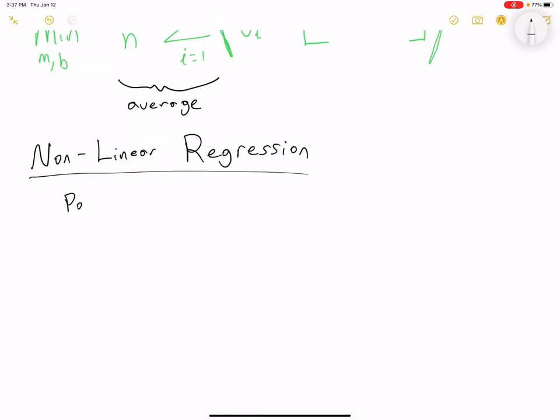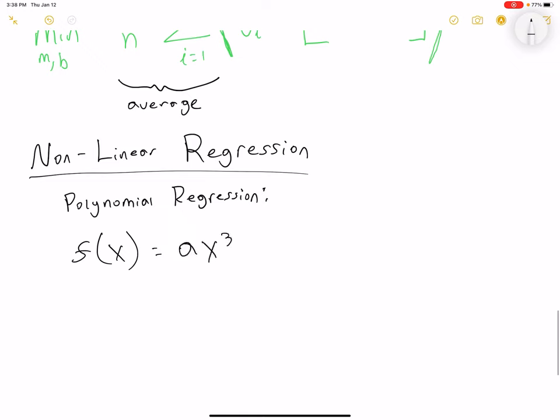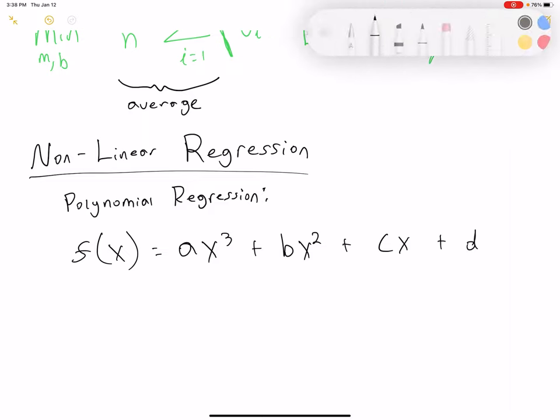For example, we can have polynomial regression, where now the model that we're learning is ax cubed plus bx squared plus cx plus d. And this is just for one input.